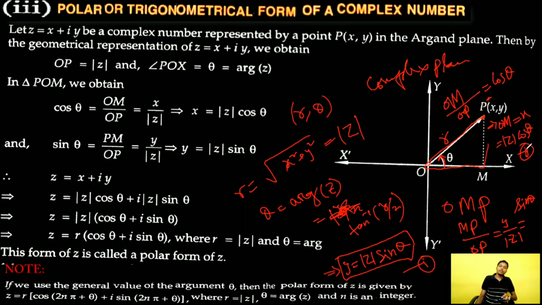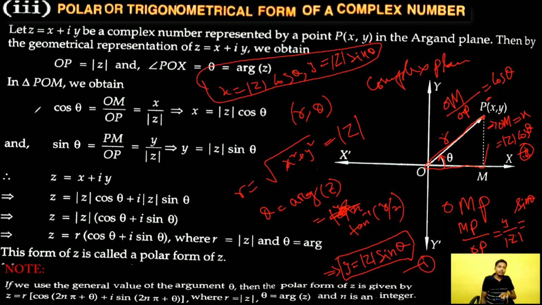If we consider equation 1 and equation 2, we have x equal to mod z cos theta and y equal to mod z sin theta. Clear?